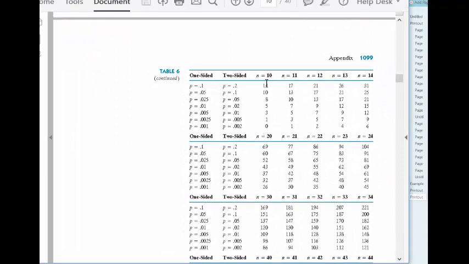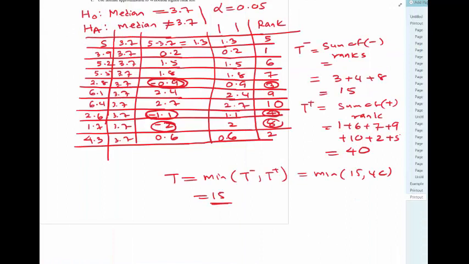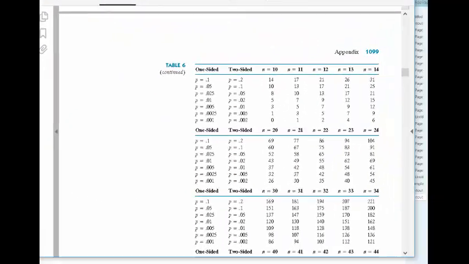First we need the sample size. So what is the sample size? N equals what? We have 10. And the next is, is it left tail, right tail, or two tail? It's basically a two tail test. So let's go back and get the tables.